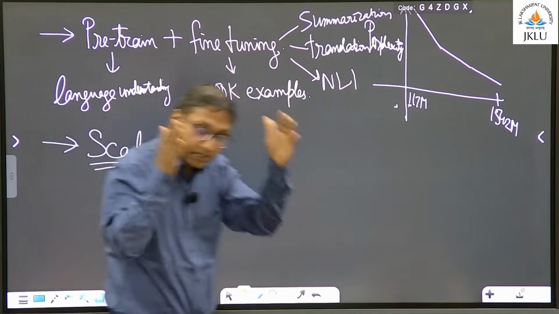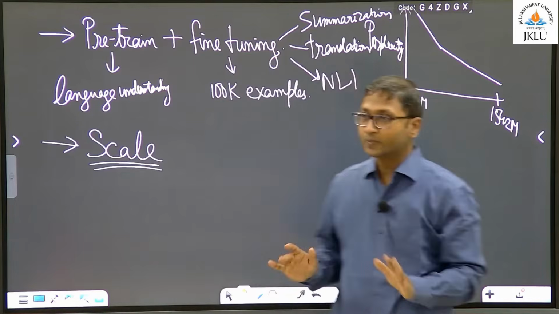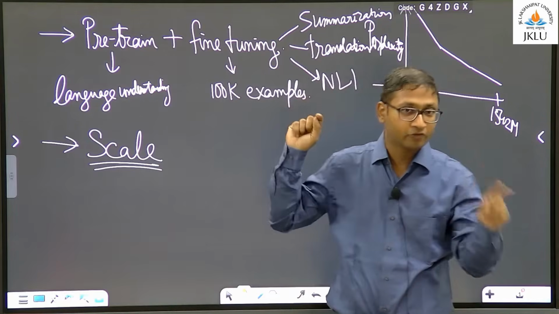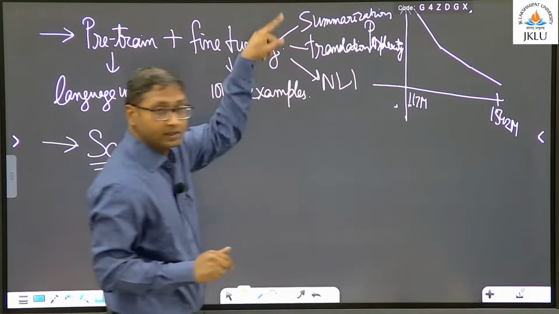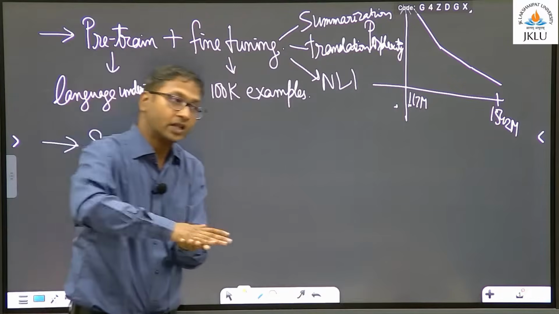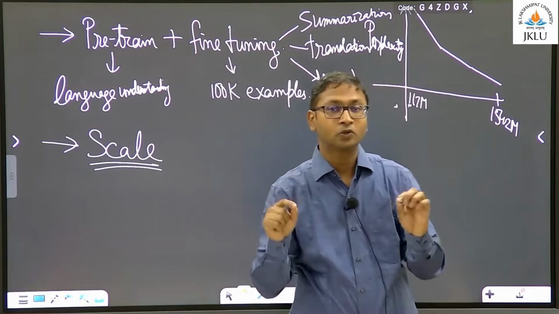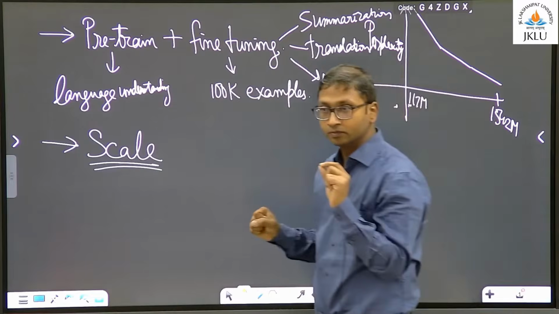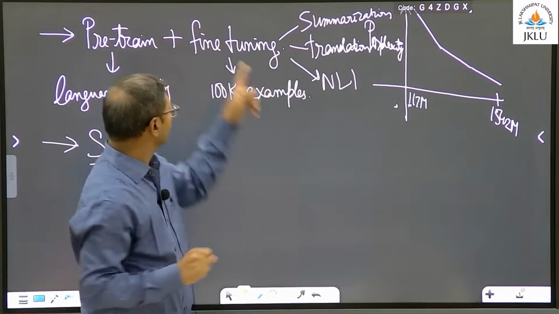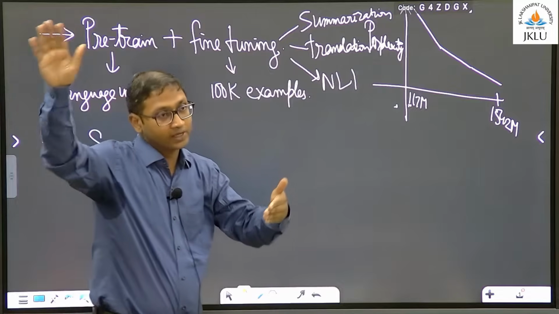So if your model is small, the way it is done today, you can't expect your model to do well without telling it the task, or in other words without doing fine tuning. But if your model is big, then you can expect the model to do well: you train just on one task and expect it to learn to do other tasks as well.